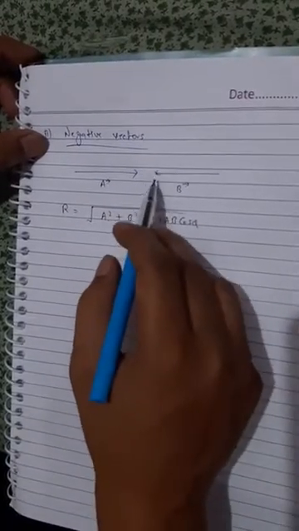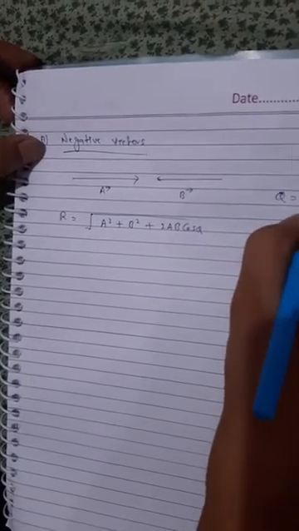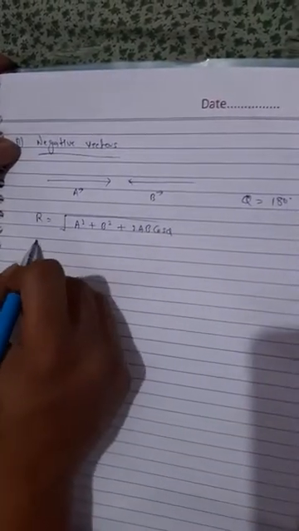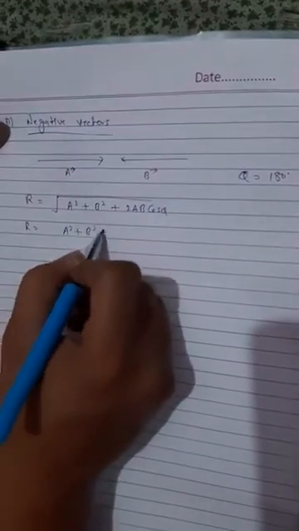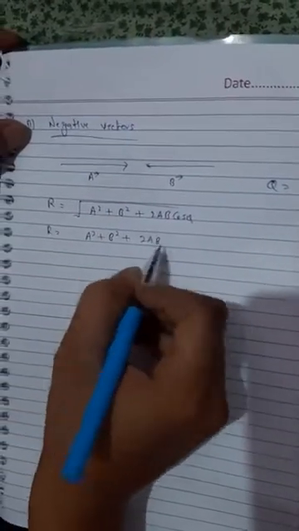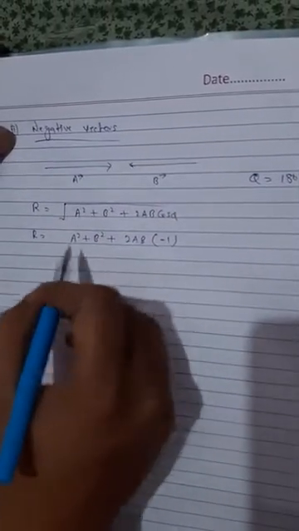And we know the angle between the negative vectors is 180 degree. So here R will be the square root of a square plus b square plus 2ab, and cos 180 degree is -1.